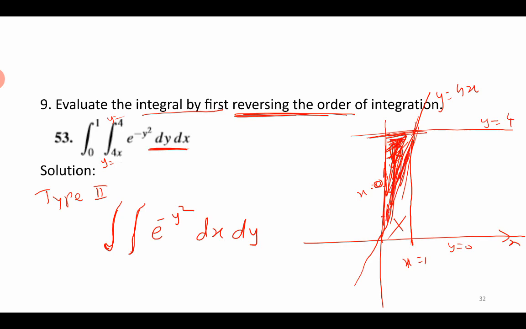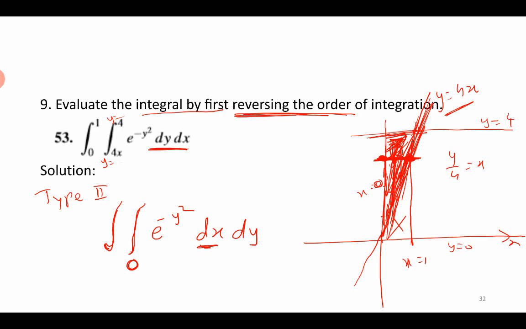So in this region, you need to take a horizontal line. When you are integrating with respect to x, first you need to take a horizontal line which will give you the tail end and upper end. Tail end x equal to 0, head end x equal to y over 4. The head end is on this line, isn't it? So here y over 4 is equal to x, because y is equal to 4x is the line.